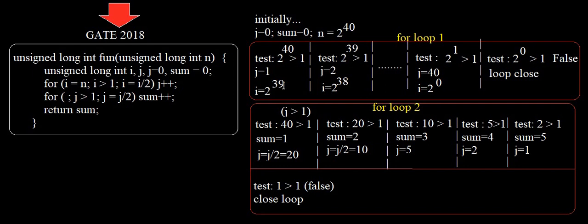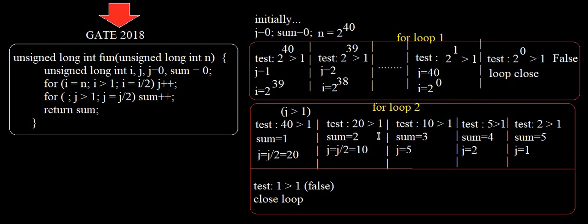Also notice here j is 1 and 39 plus 1 is 40, 38 plus 2 is 40. It should be 0 because 40 plus 0 is as usual 40. So you need not worry about it. Directly, the value of j equals 40 and i equals 2 power 0, and close the loop. Here we got j equals 40.